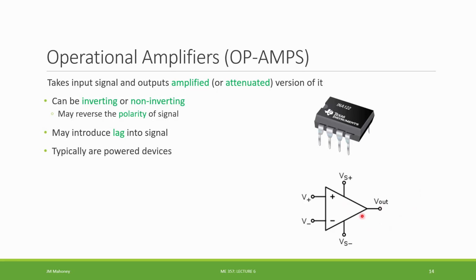And what do we use these circuits with op-amps for? Well, the simplest case is simply amplifying or attenuating a signal, but more often we're going to be using these in active filters. So for example, a Butterworth filter is a classic example of a filter that is going to employ an op-amp. So the big picture of what we're doing here is we're going to have some signal coming into our circuit.